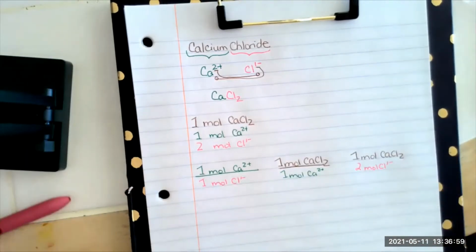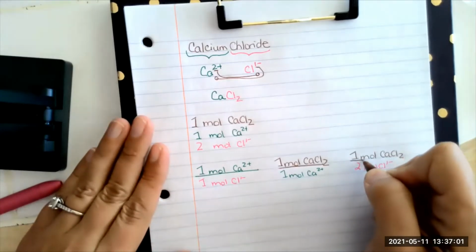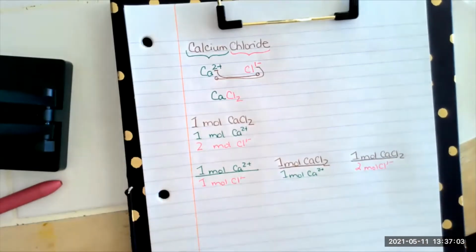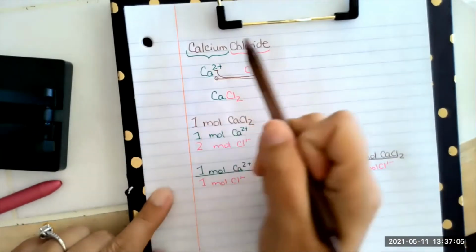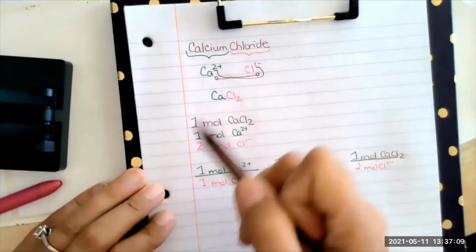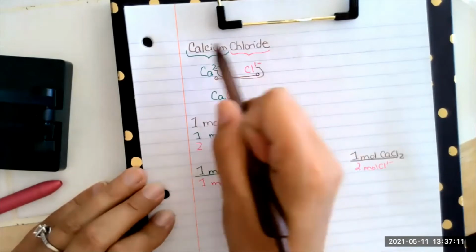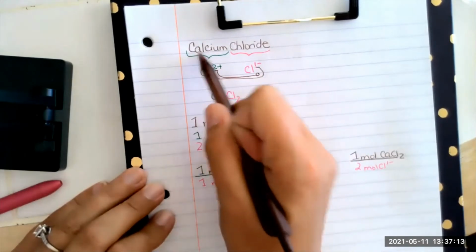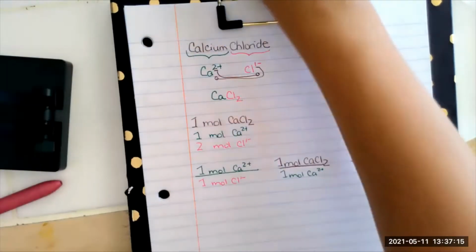A nice, easy way of checking if you have all of your mole ratios done is you have calcium and chloride. So have you done calcium to calcium chloride, chloride to calcium chloride, and then calcium to chloride?